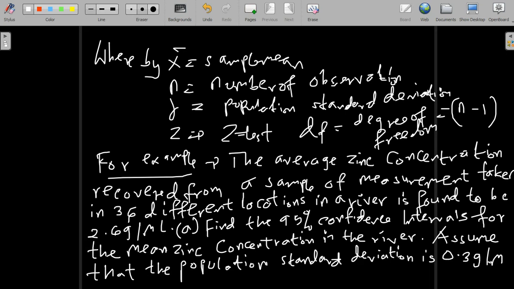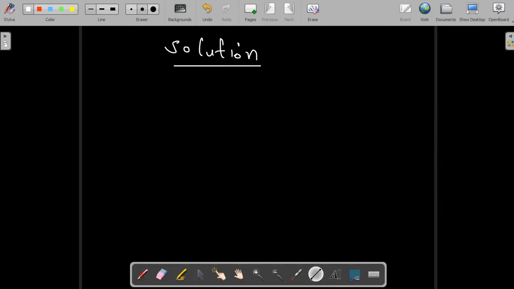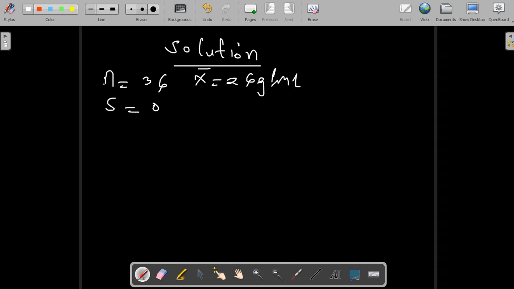Now the solution. We write down the data given, whereby we have the number of observations, which is equal to 36, but also we have the sample mean, which is equal to 2.6 g/ml, and the population standard deviation 0.3 g/ml.